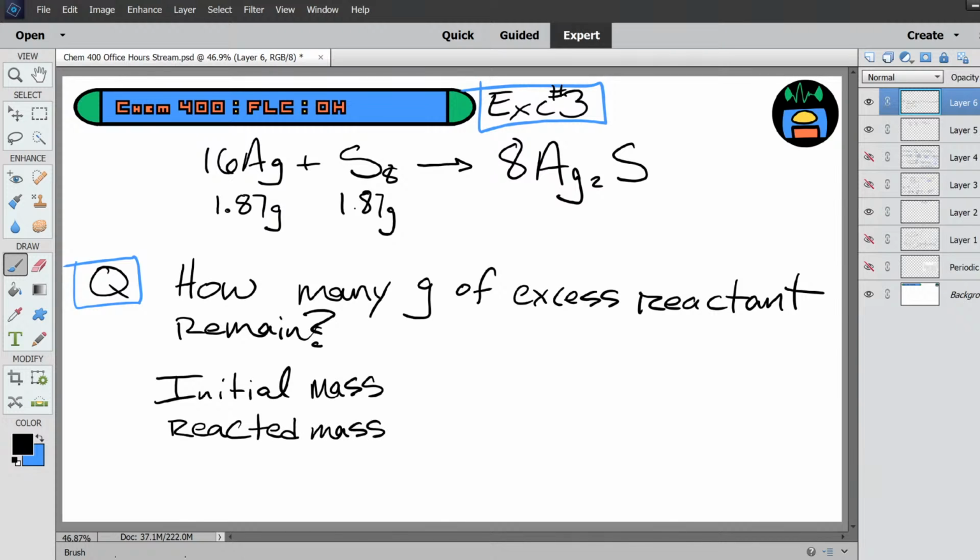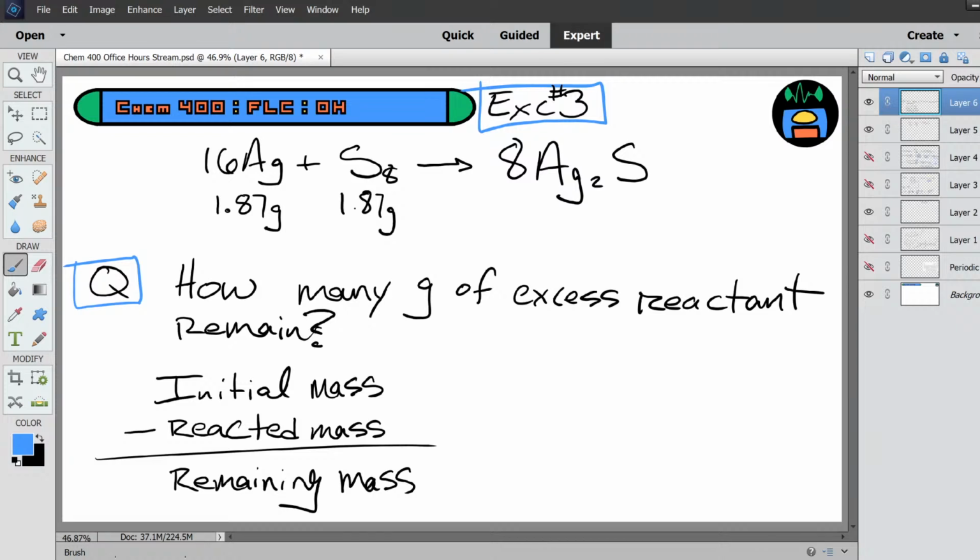You take the amount that reacted, subtract it from your initial, and when you do that, you get your remaining mass, right? Or your excess. So this right here is the excess amount.